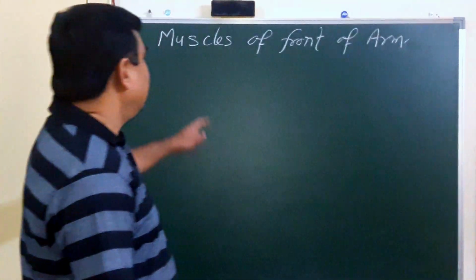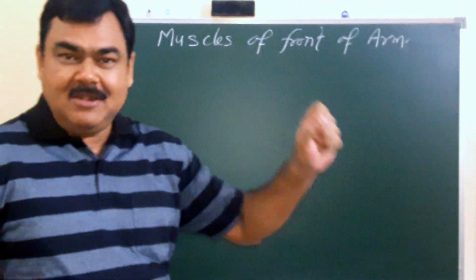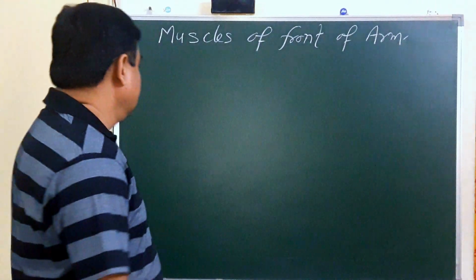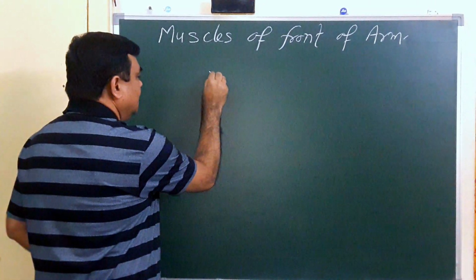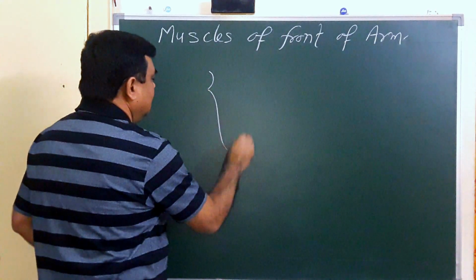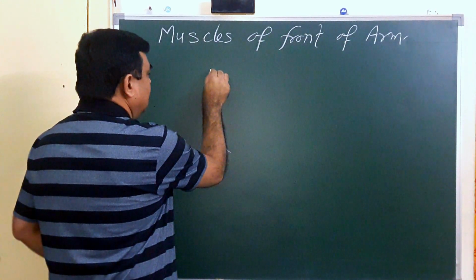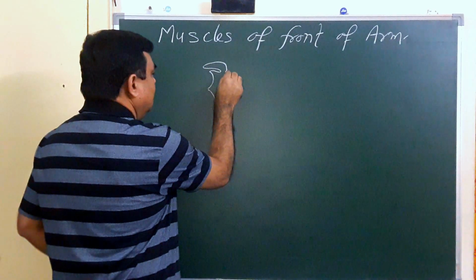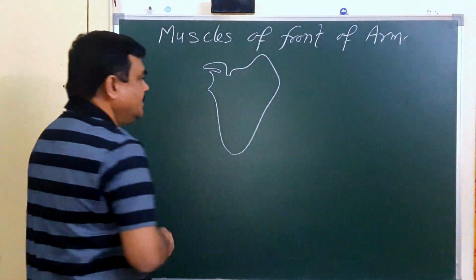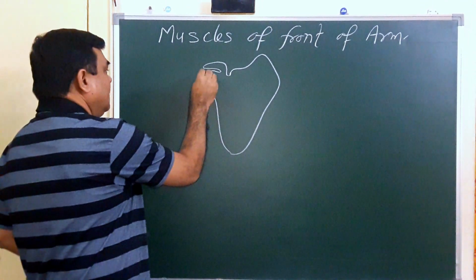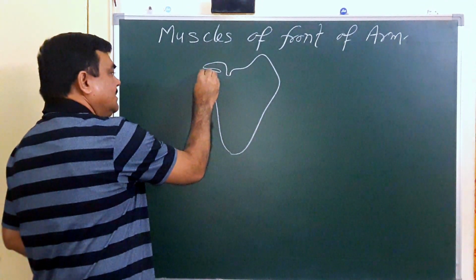Now we'll discuss the muscles of the front of the arm. This is the scapula. This is the coracoid process.